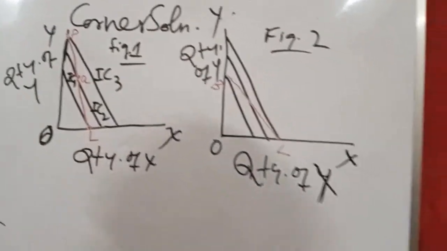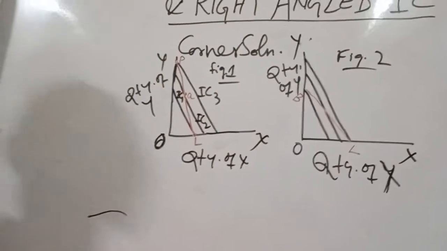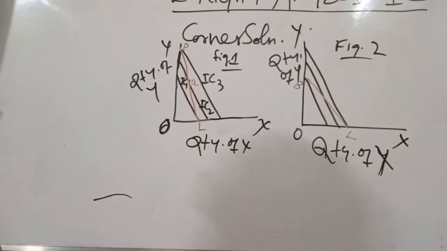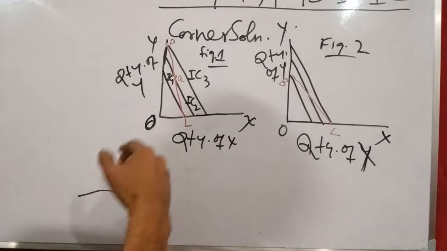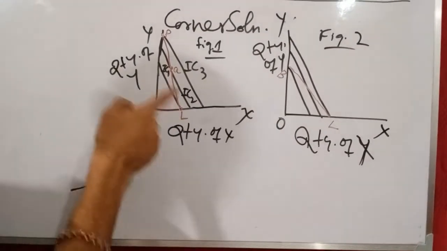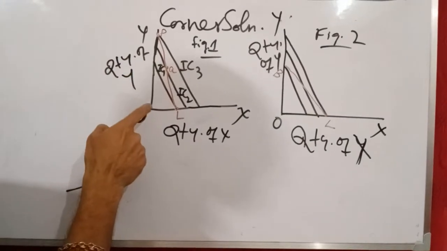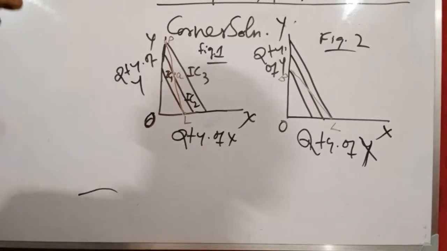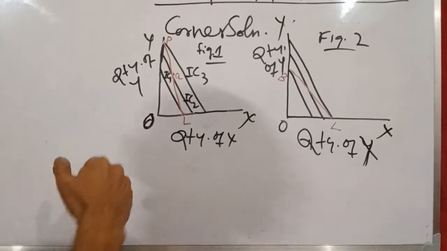With the same price line PL, the consumer can live on any indifference curve, but the consumer will not remain on IC1 because he can shift to a higher indifference curve, that is from IC1 to IC2.